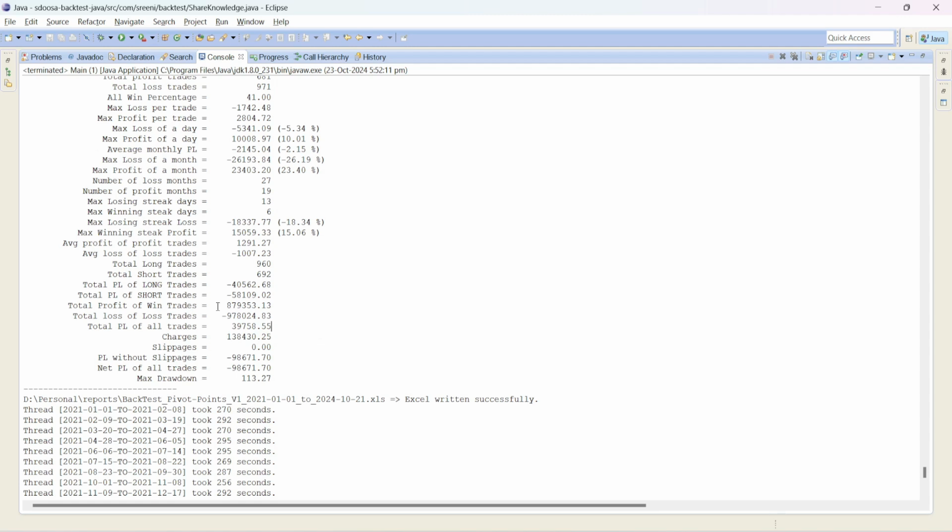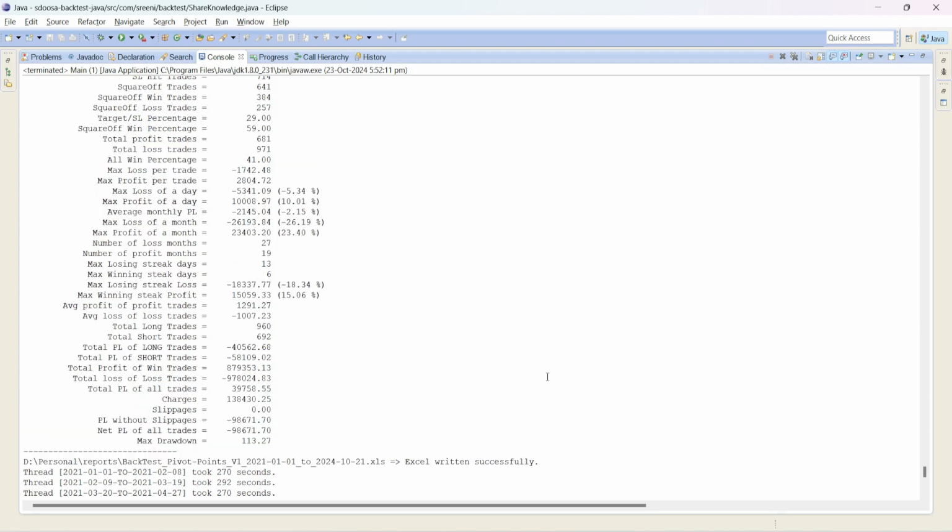But with charges, it's a loss-making strategy. So I hope you understand, guys. If you trade strategies like this without proper backtesting, the end result will be that you lose your complete capital over a period of a few years. This strategy is comparatively better than the ORB strategy, but still it's a loss-making strategy. Okay.